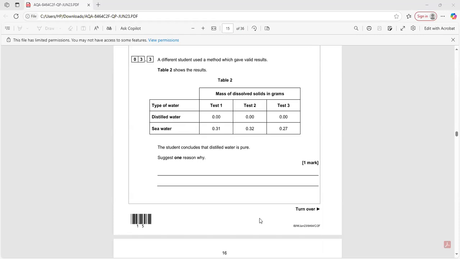So let's see. A different student used a method which gave valid results, and was able to come up with this table. It says that the student concludes that distilled water is pure, and it now says suggest one reason why.